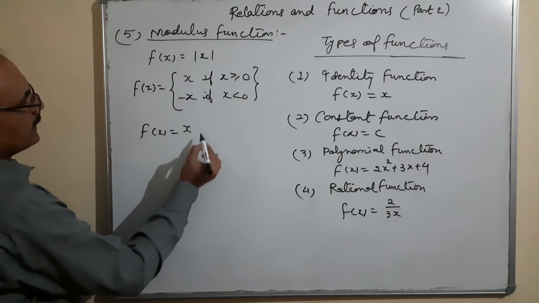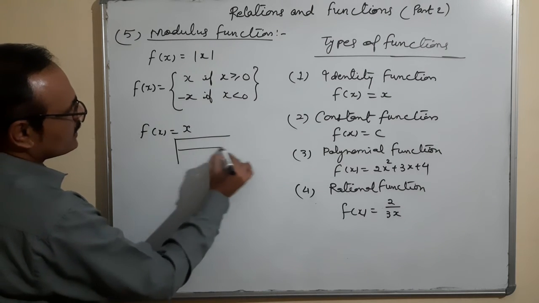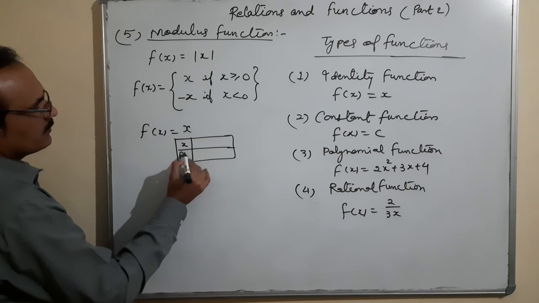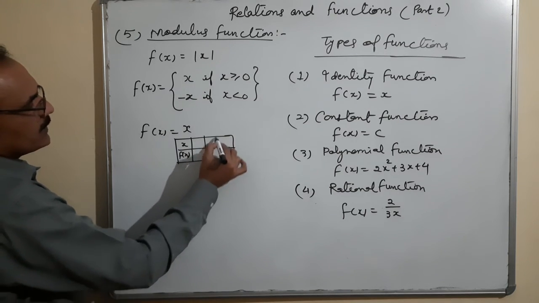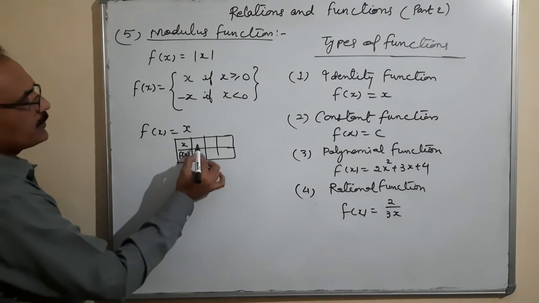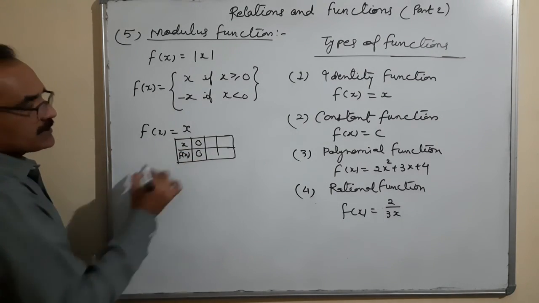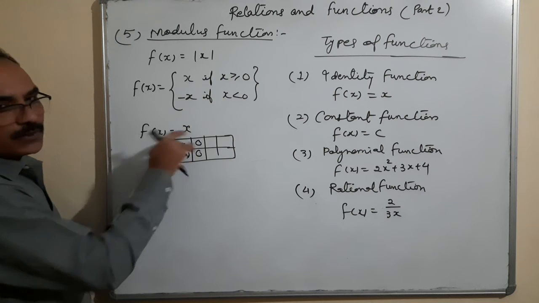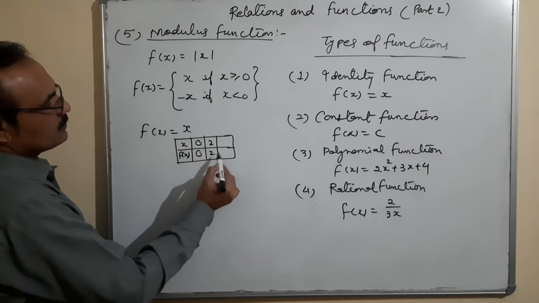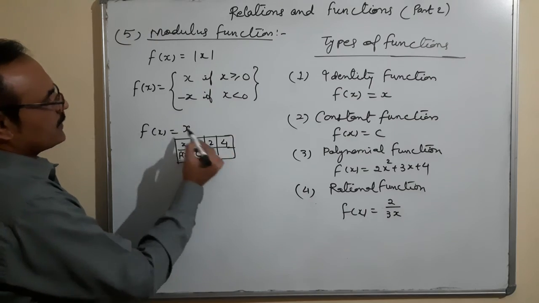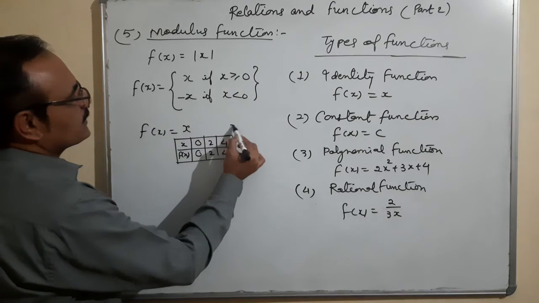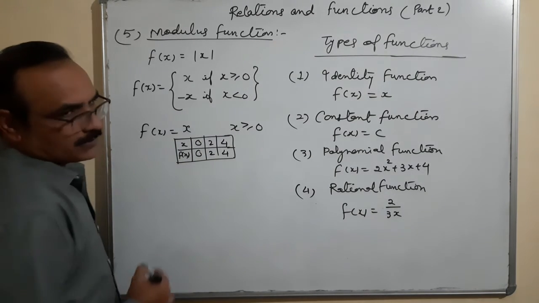First I am taking f(x) = x, but with a restriction: we can put only those values that are equal to or greater than 0. So when I put 0, f(x) is 0. When I put 2, f(x) is 2. When I put 4, f(x) is 4. We cannot put negative values because the condition is x is greater than or equal to 0.